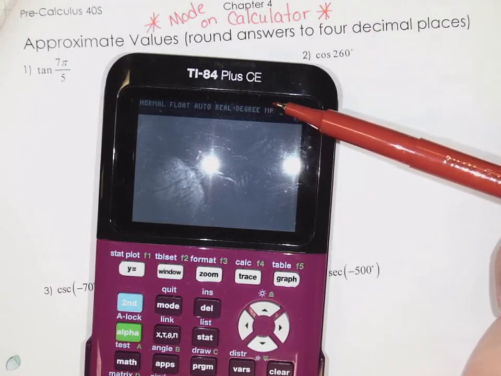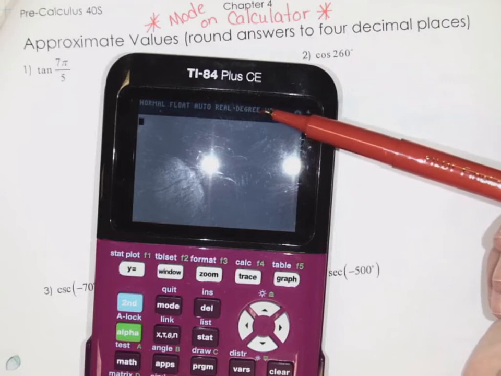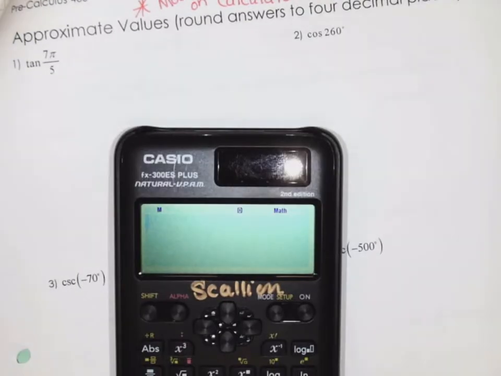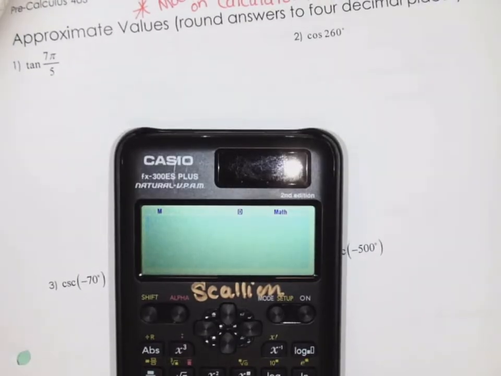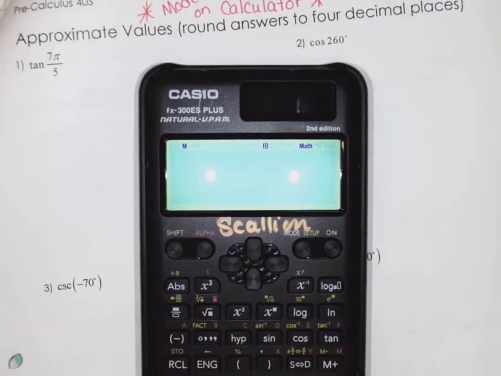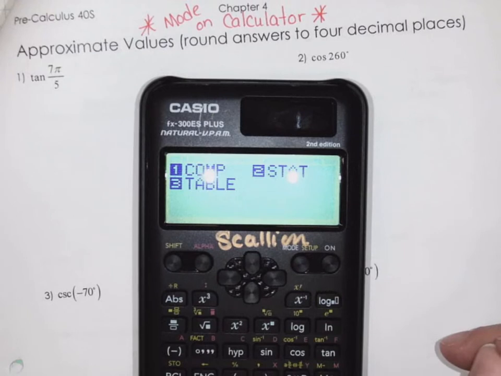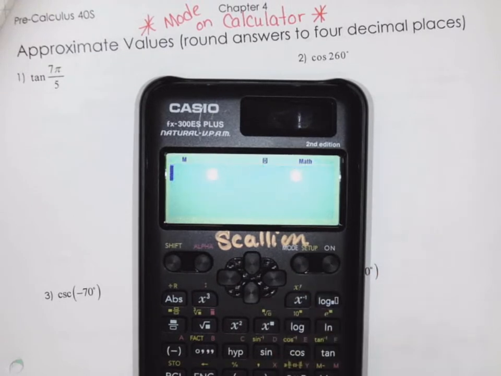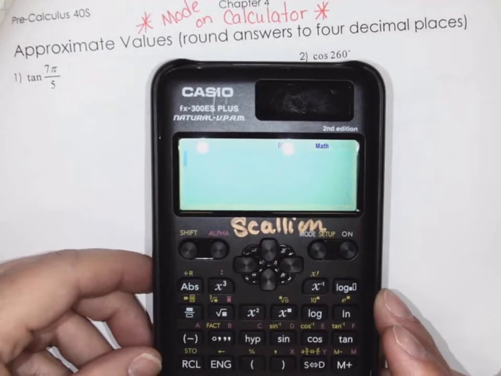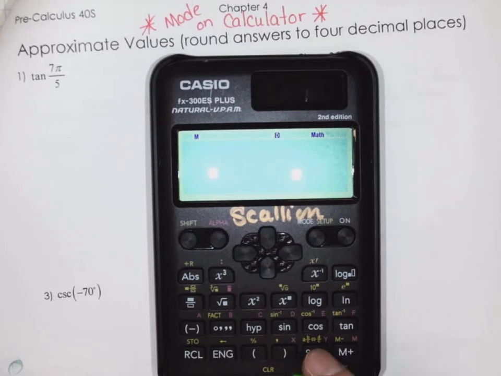You're right, you're not allowed to have one. Okay, I'll use this one. Jeez Louise. Okay, so I need to change the mode on it. So I'm going to go mode. Is this it? No, that's not it. New calculator.